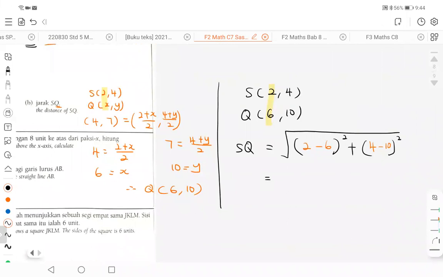Let me know the answer. What's the answer? Distance of SQ equals? Okay, yes, 7.2. Correct? So we can proceed to number 2 and 3.